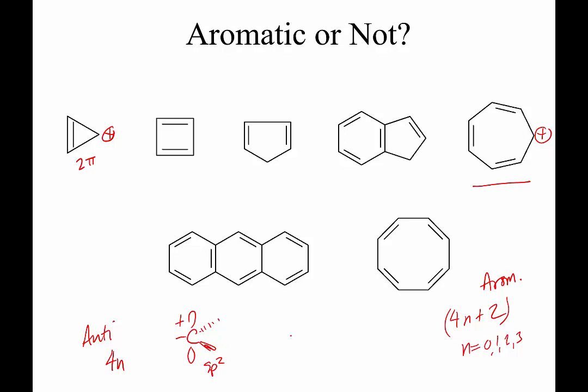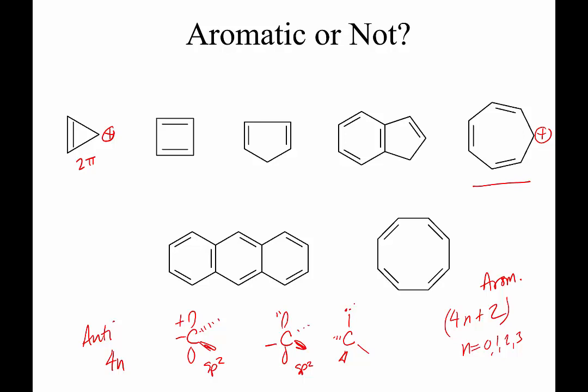But if it has a pair of electrons, it has a choice. It can either go sp2, or it can decide to go sp3 by putting its lone pair into an sp3 hybridized orbital.